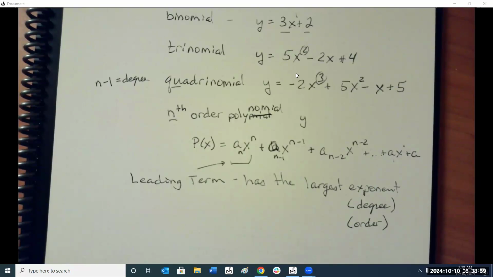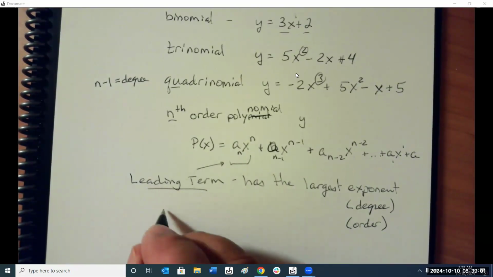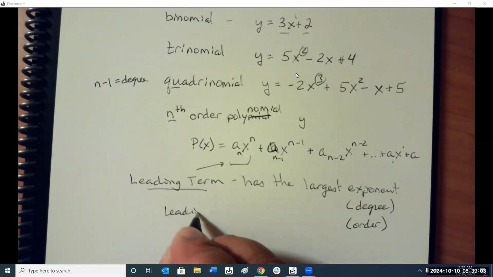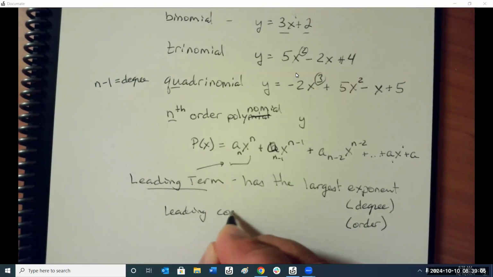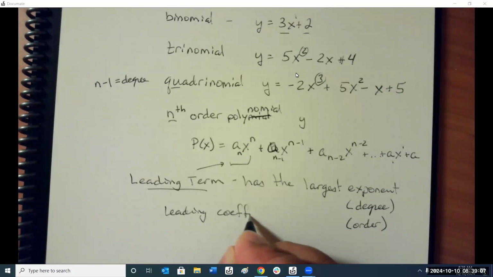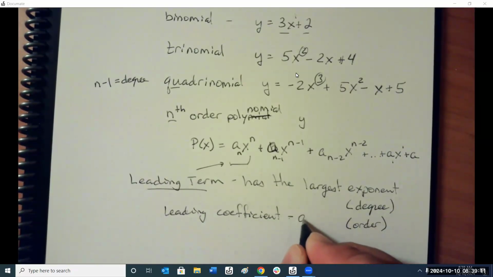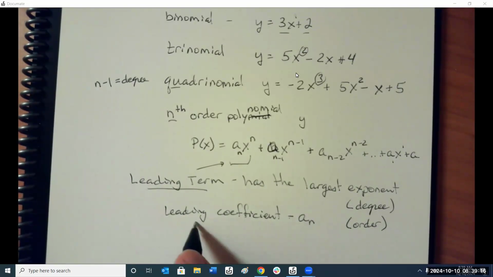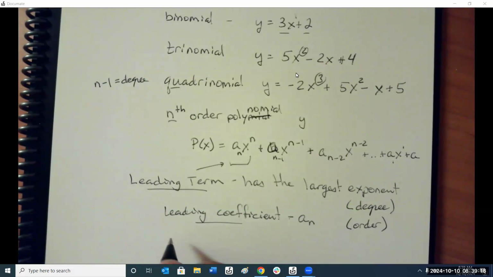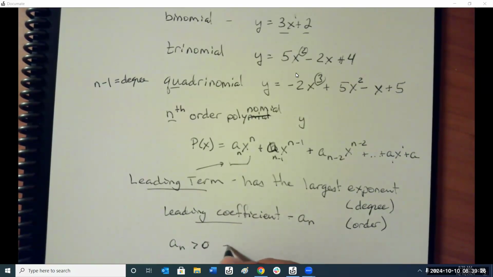All right. Of the leading term, we have the leading coefficient, which is the A value. Again, that tells us if A is positive, it goes up.